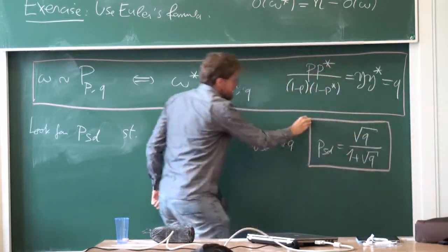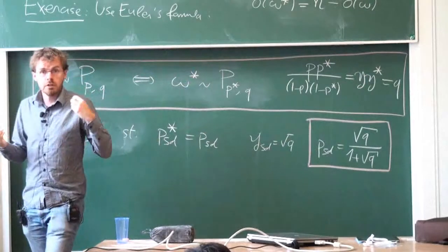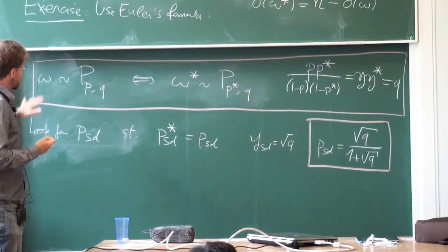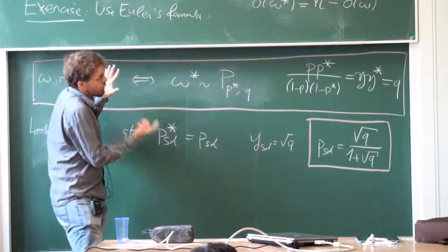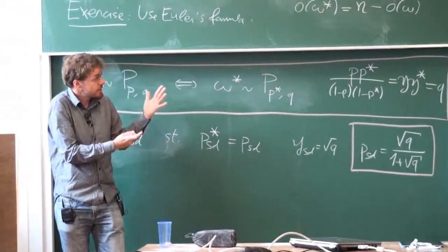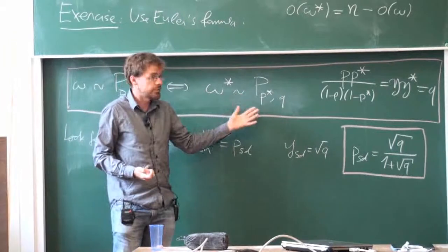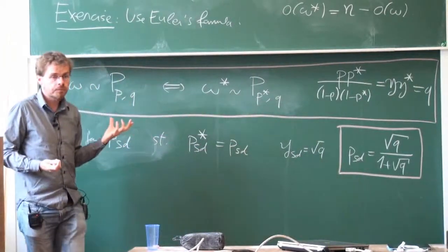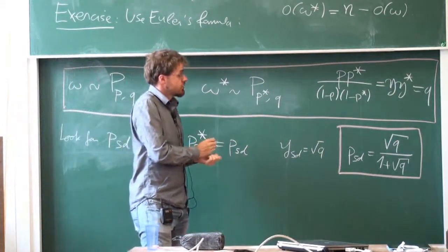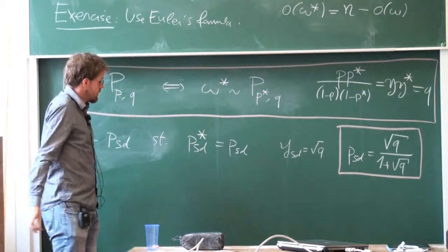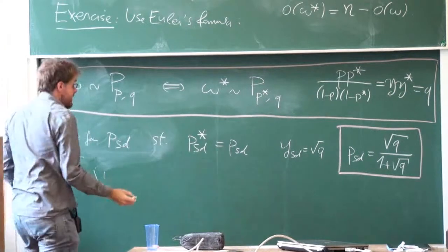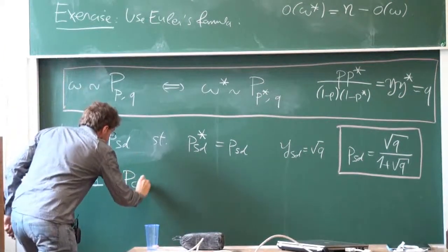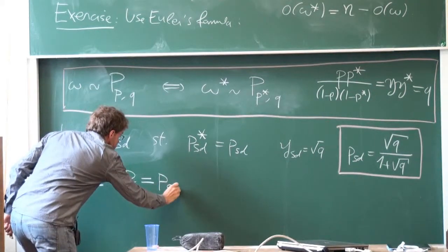So this is the self-dual point, and it tells you that if you take a random cluster model at the self-dual point, and you look at the dual configuration, it's a realization of the same random cluster model with the same parameter. So somehow it has to be critical. And the conjecture is that indeed pc should be equal to p self-dual.